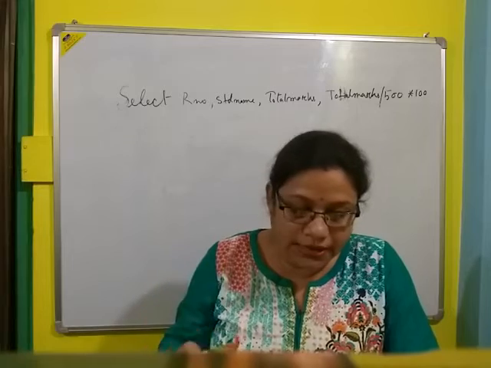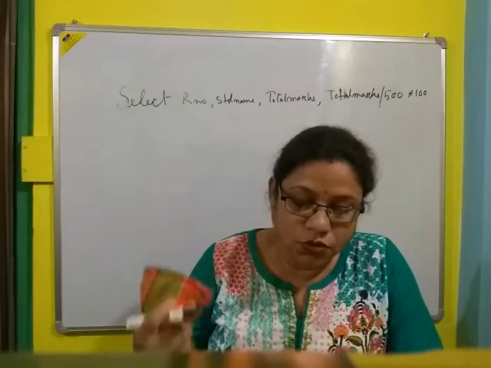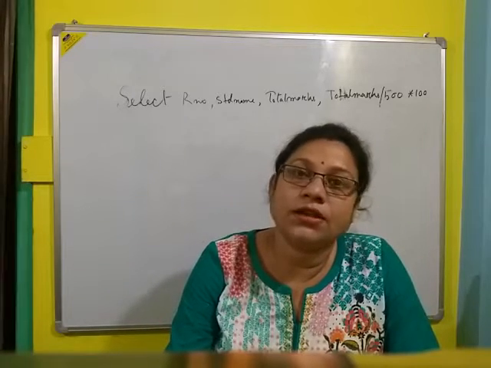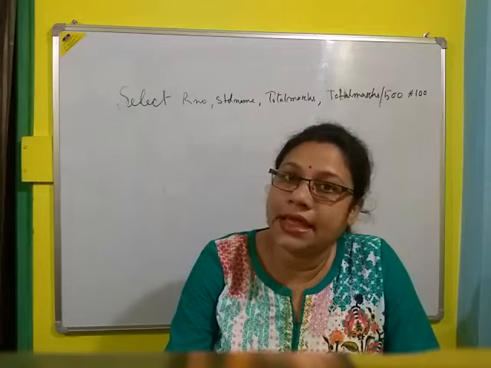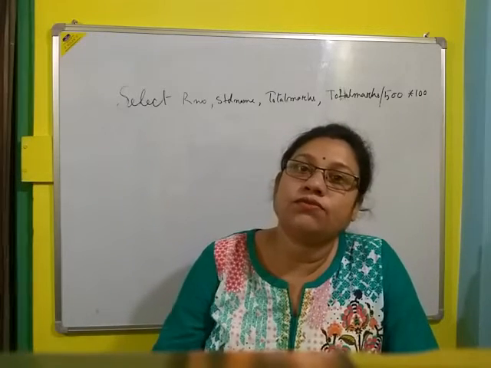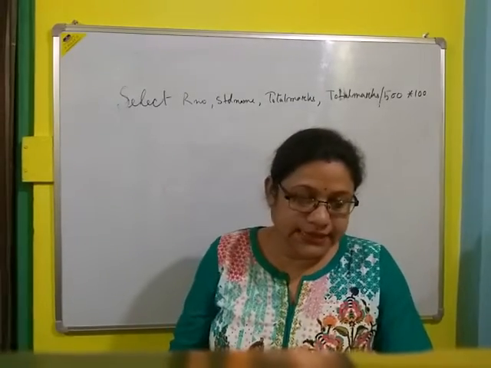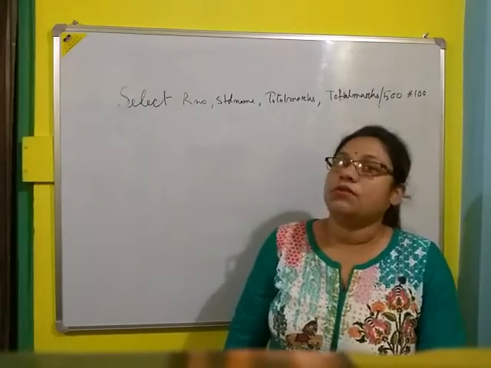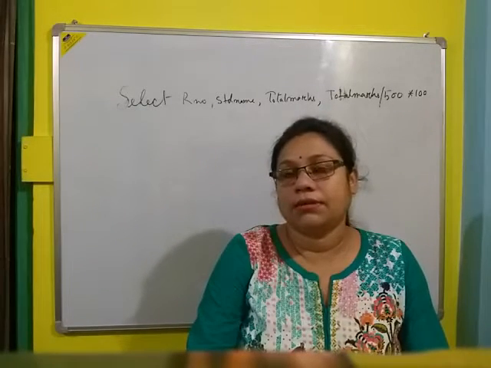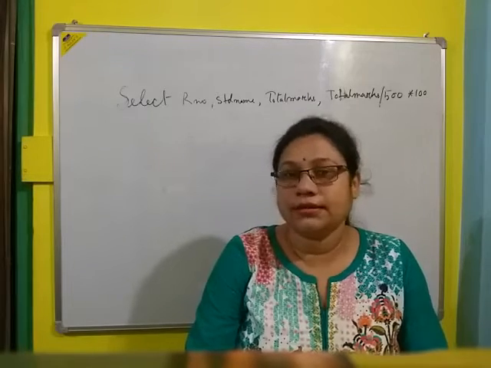It is only within the scope of the SQL statement. So where you use the alias name, that statement is the scope for the column. Okay. So these are the rules for creating the alias, that is a temporary column of a table.